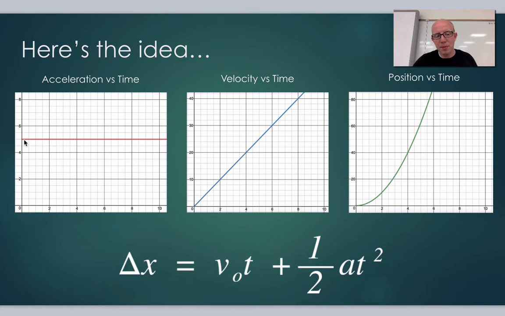You probably remember that if I want to find the velocity after 4 seconds, I find the area under this line, and that tells me how much velocity I have at that point. So after 4 seconds and an acceleration of 5, we would expect that the velocity should go up to 20, right?